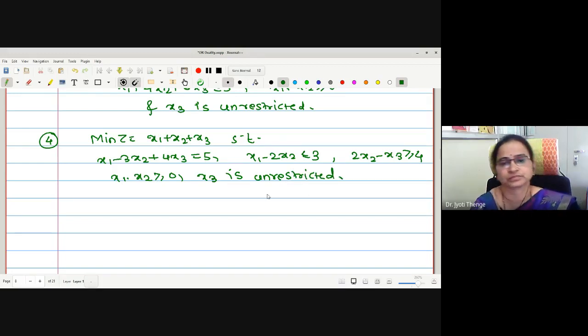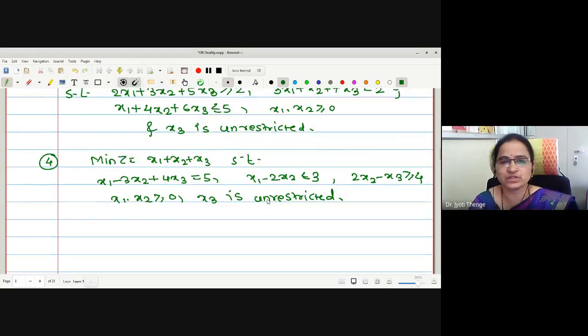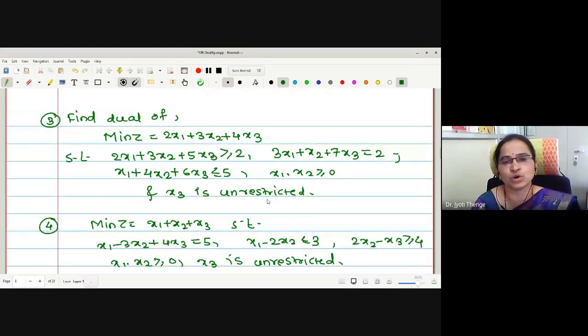Likewise, you can construct examples on your own and just find their dual.